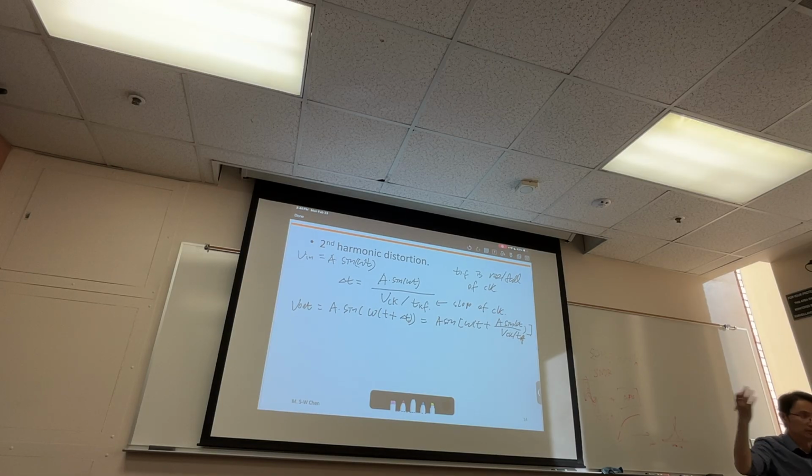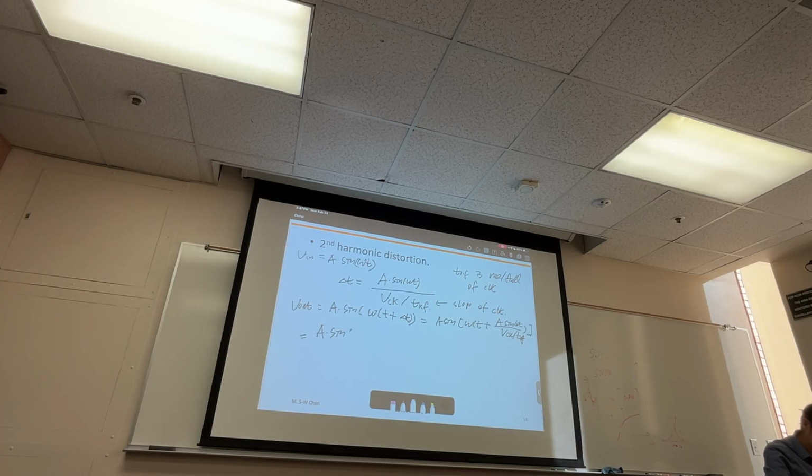Okay, so apply the equation that you learned from trigonometry. So this is A sine of the sum of two numbers, right? Sine of x plus y is sine times cosine plus cosine times sine. If you forgot, it's okay. You can easily find all those trigonometry equations on the internet.